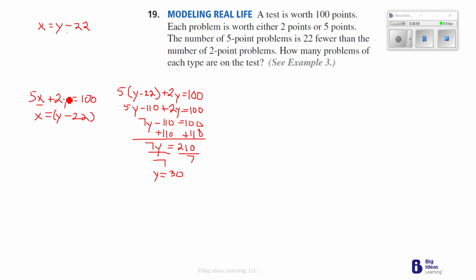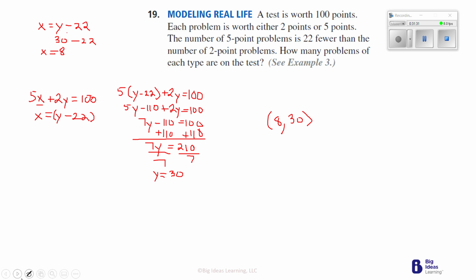I can replace y either here or here. I'm going to use the equation that I have up here. If y is 30, then 30 minus 22 is 8. So x has to equal 8. So I would get 8 and 30 as my answers.